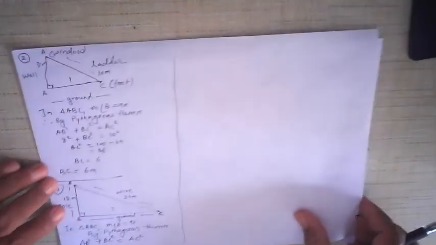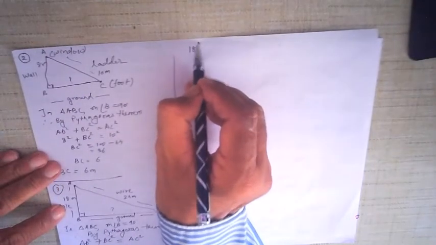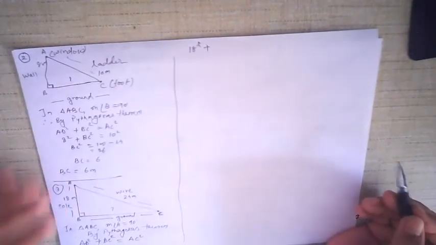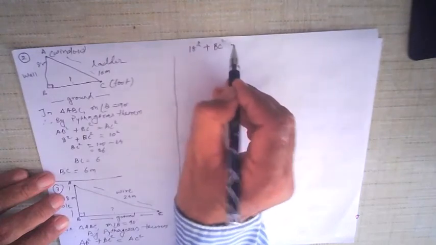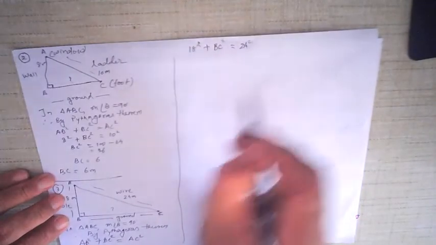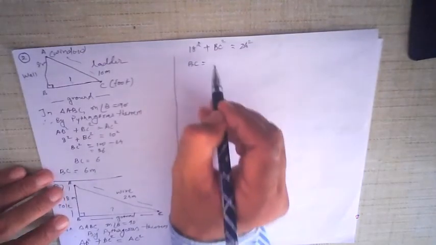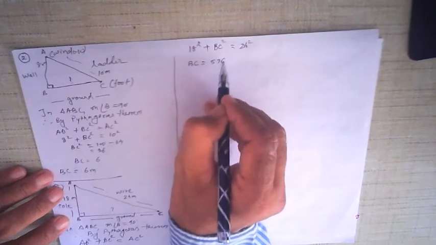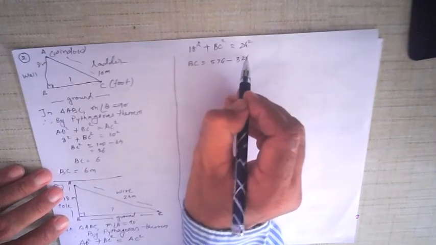AB square is 18 square, plus BC square, which we want to find, is equal to AC square, 24 square. So BC square is equal to 24 square, which is 576, minus 18 square, which is 324.